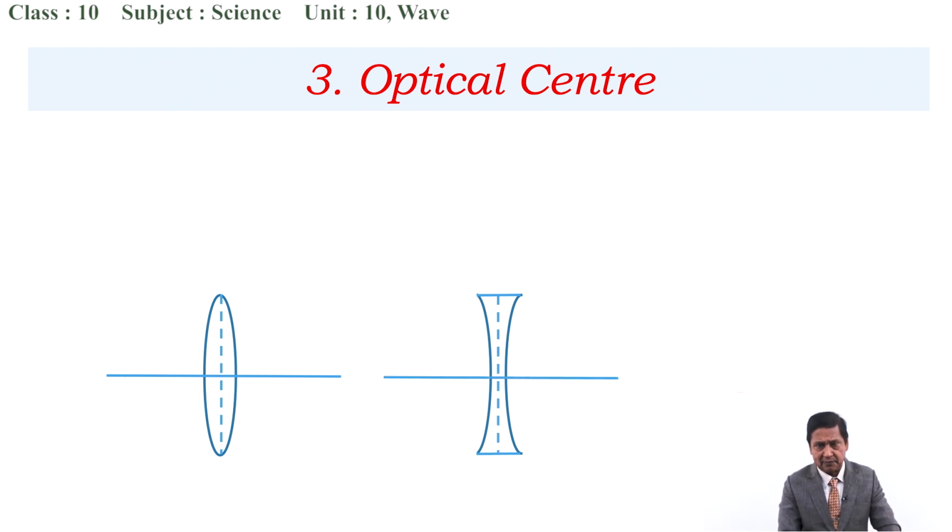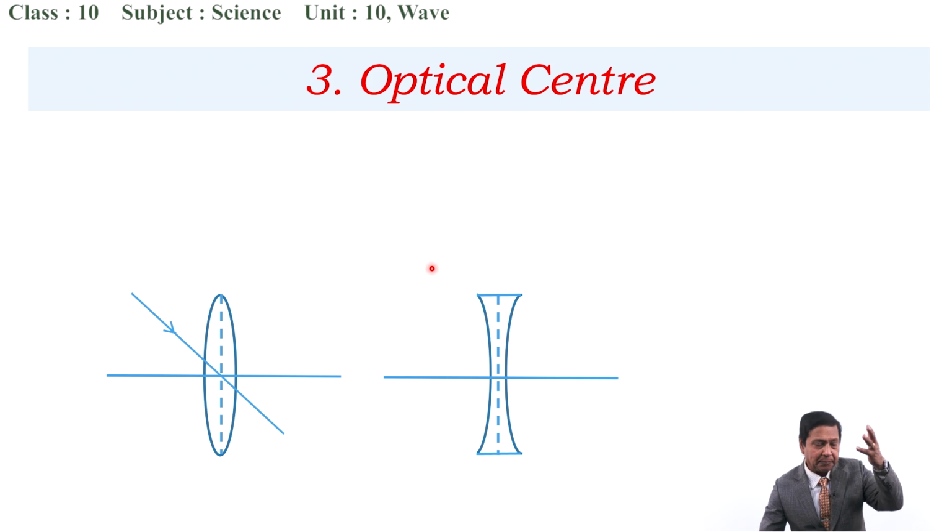Now, if we pass light in such a way that it passes through this central point, then it passes straight without deviation like this. And a ray of light, if it passes through this point, whether it comes from up or down, doesn't make any difference.